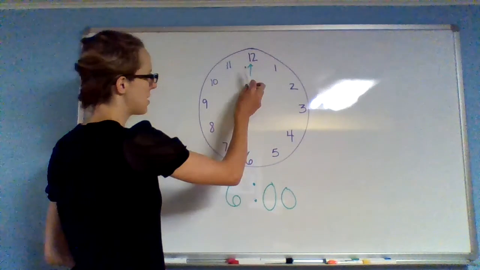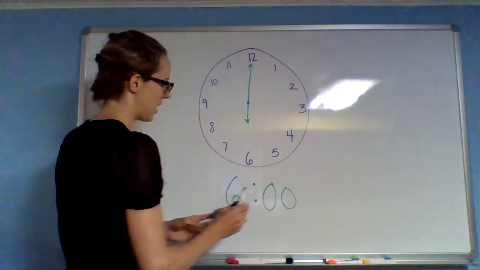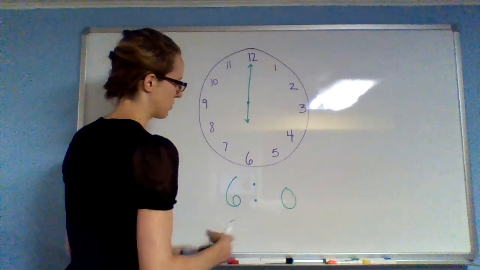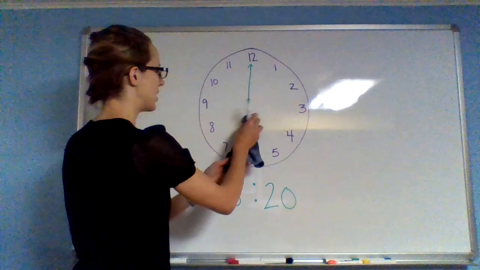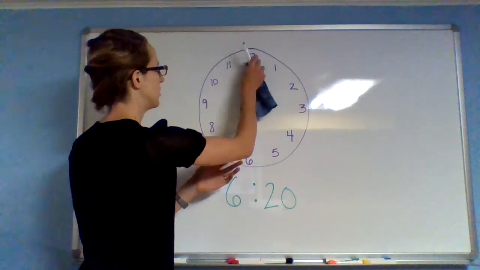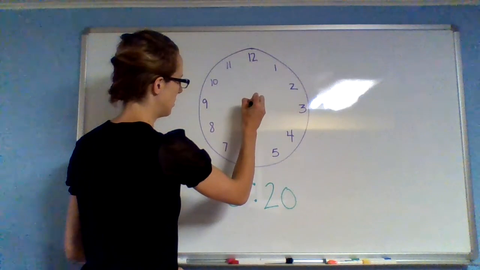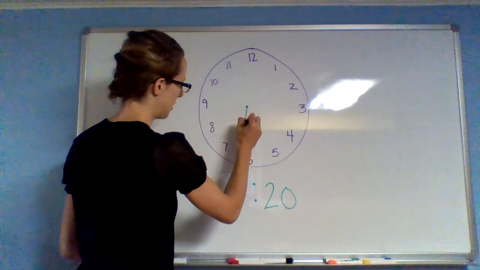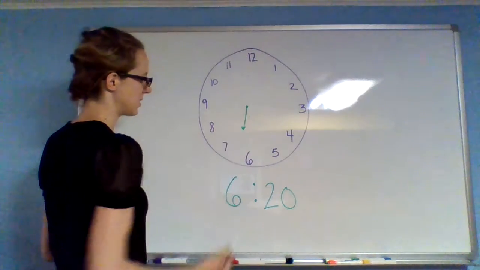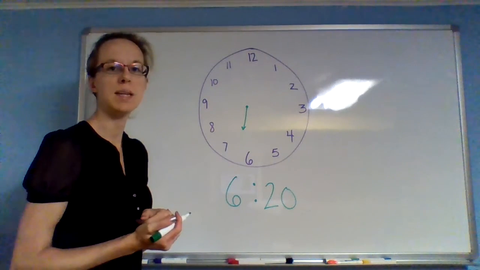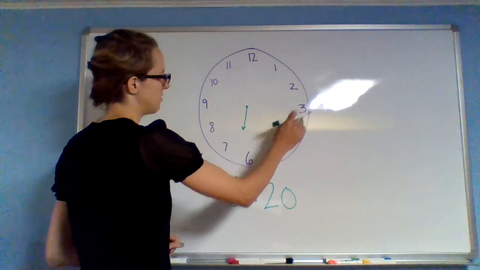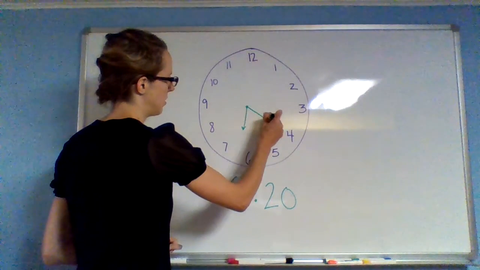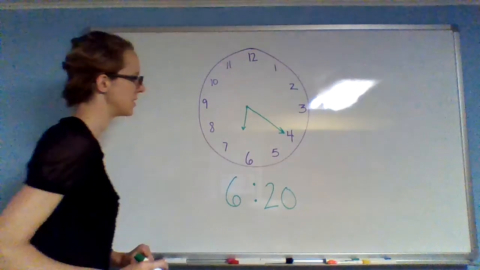As soon as that big hand starts moving around the clock, the little hand starts moving around the clock as well. So 6:20, it's not going to point directly at 6. It'll be a little bit past the 6. And then for 20 minutes, we need to do our skip counting. 5, 10, 15, 20. The big hand would be pointing to the 4.